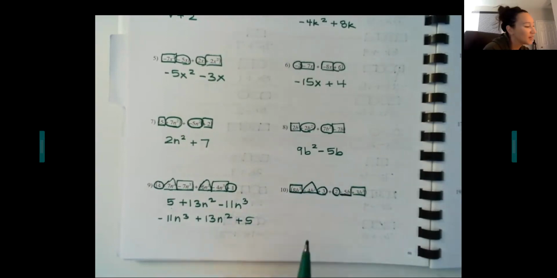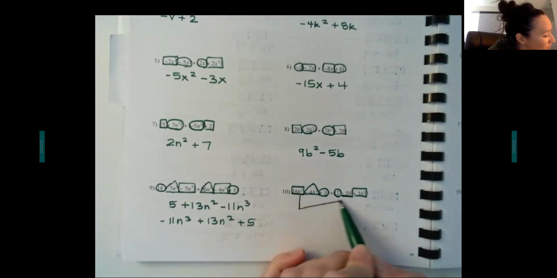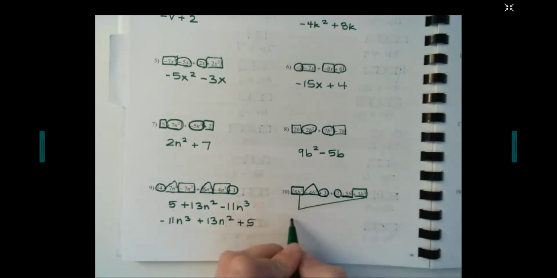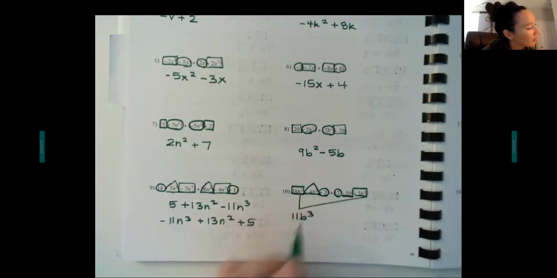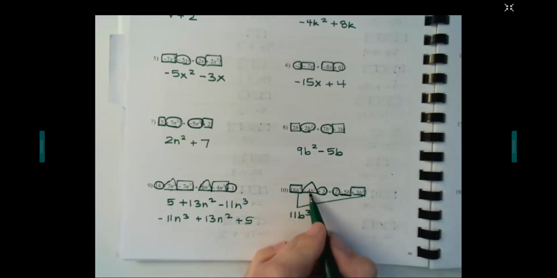Good. Thank you, Solomon. And then Tiana, what did you get when you combined your like terms? So we can combine our b cubes. We'll go from the highest power to lowest. So 8b cubed minus 3b cubed is 11b cubed, and then plus 4b to the second power.